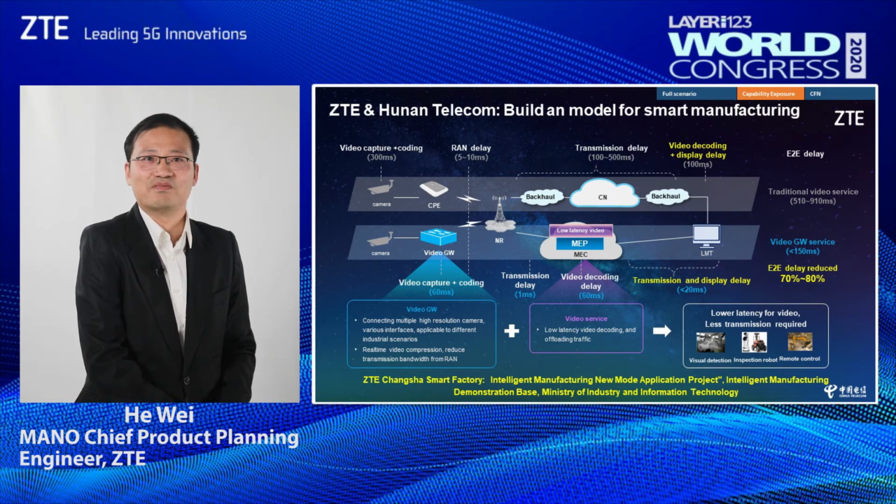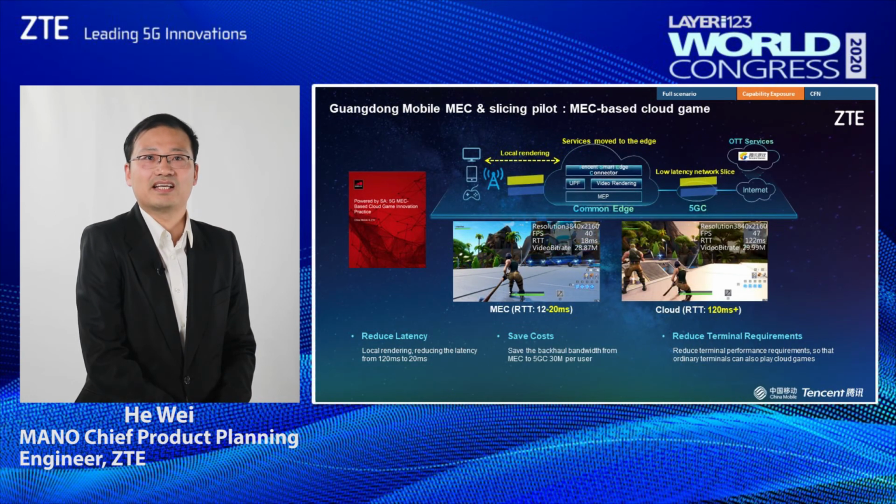Compared with traditional video services, the MEC local offloading technology reduces the end-to-end latency by 70% to 80%, and the overall transmission bandwidth greatly. In the same way, ZTE cooperates with Guangdong Mobile and Tencent to complete the Edge MEC pilot project for cloud gaming. To improve user experience, the Tencent cloud gaming service is moved to the Edge cloud node for deployment.